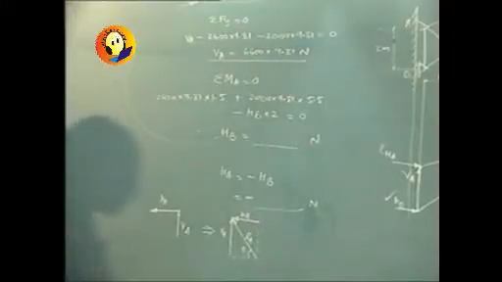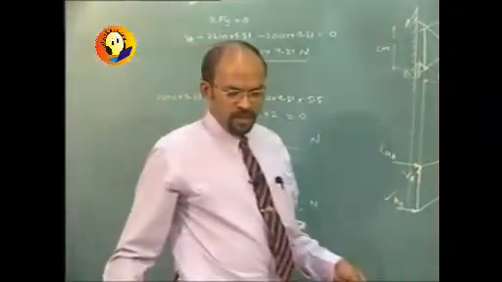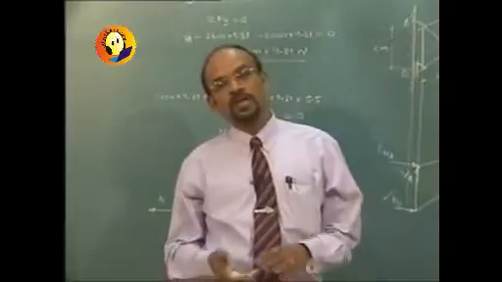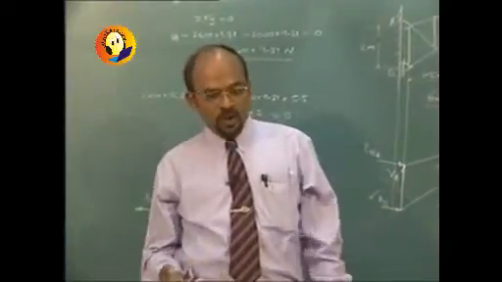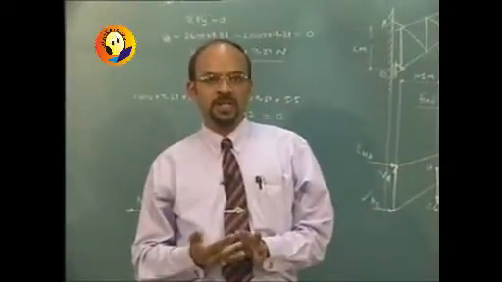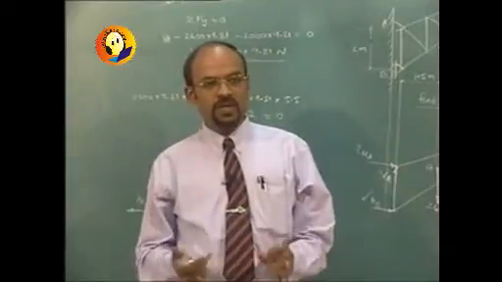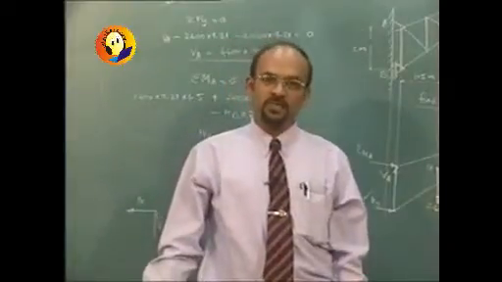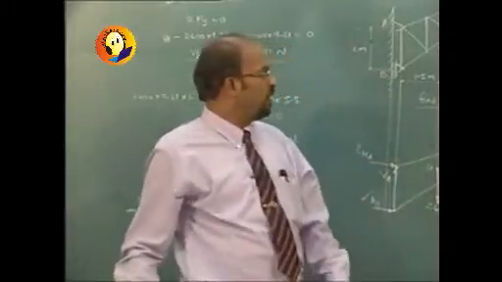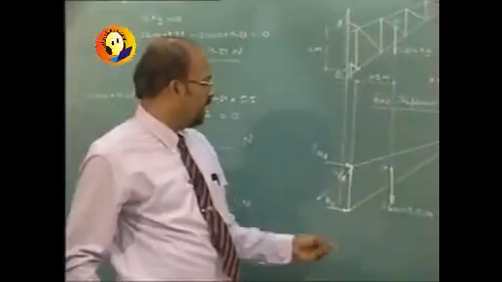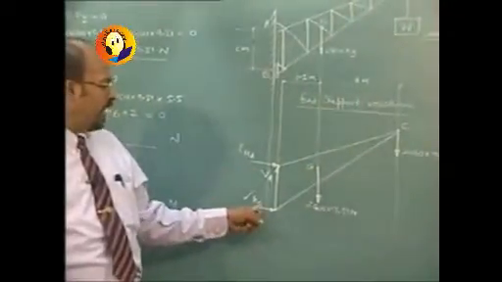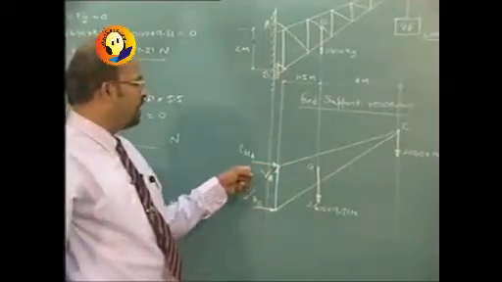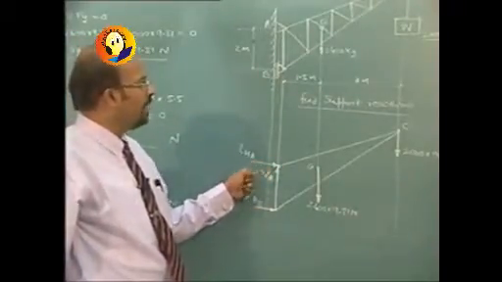So the problems are using simply the three equations, sigma Fx equal to 0, sigma Fy equal to 0, as well as sigma moment equal to 0. Only thing is you will have to give some consideration while writing these equations and taking the moment. The problem is to be solved in a straightforward manner. Even if the figure changes from horizontal to vertical, as long as you take the reaction positions correctly, even if the directions are wrong, the care will be taken by the solution.